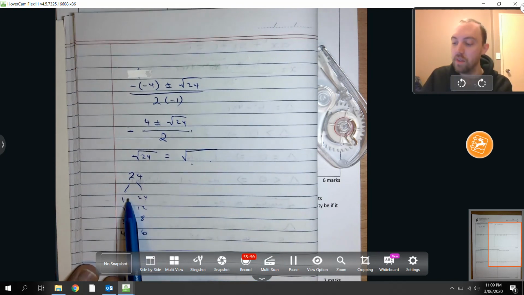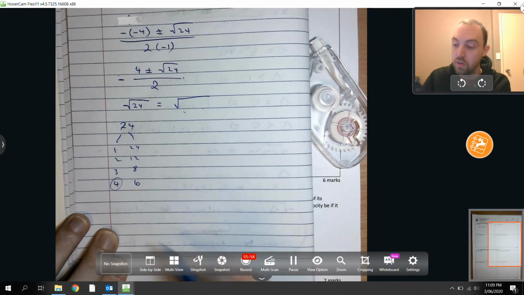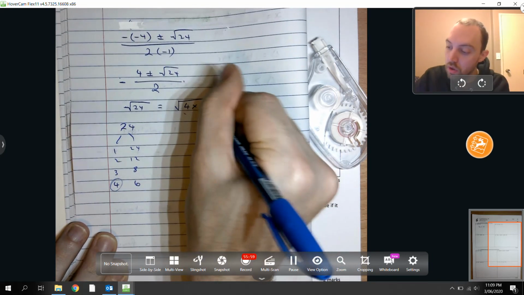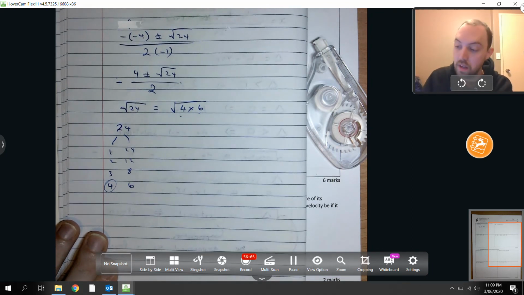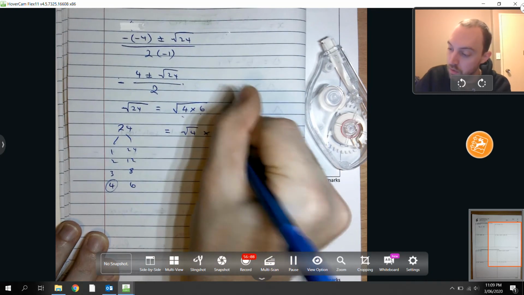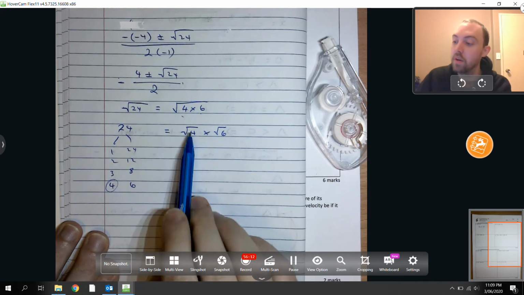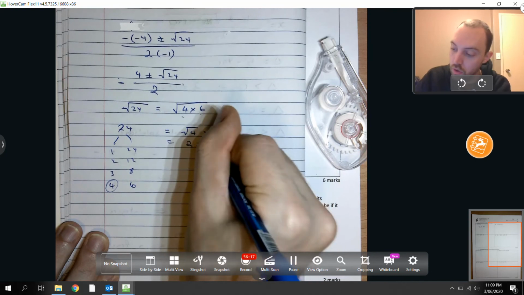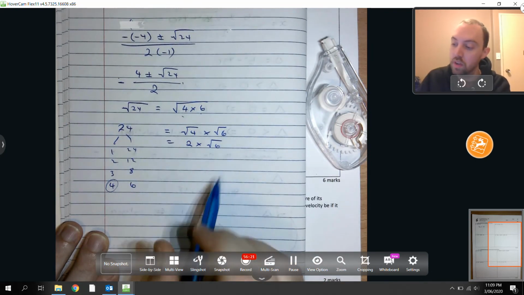If any of these numbers is a square number, 4 is a square number, we can express the square root of 24 as square root of 4 times 6, and then we can split this up: square root of 4 times the square root of 6. The reason that we're picking a square number is because the square root of 4 is just 2. So the square root of 24 is 2 root 6.